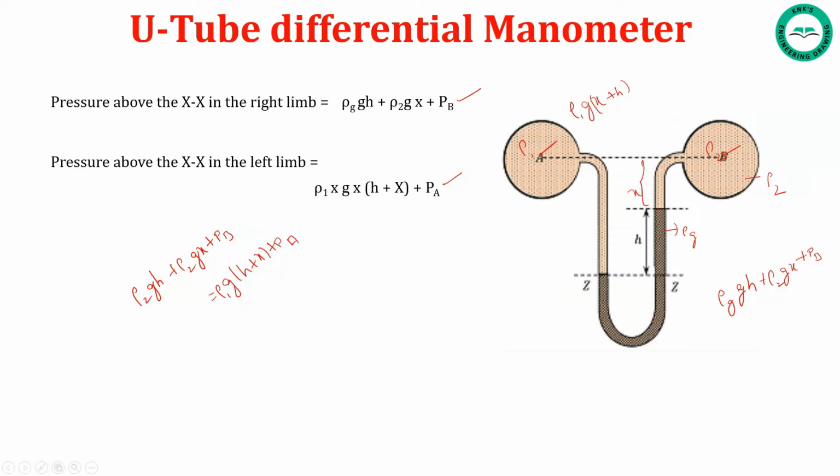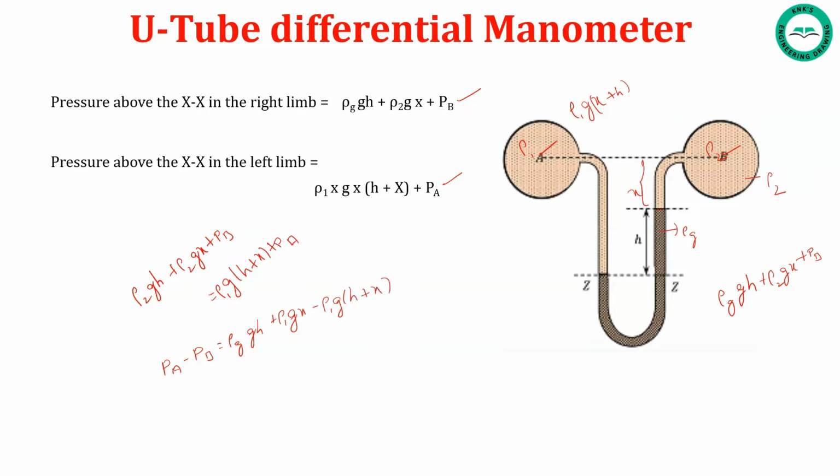Now bring out the term PB to the right side, which can be written as PA minus PB equals rho G G H plus rho 2 G X minus rho 1 G (H plus X).